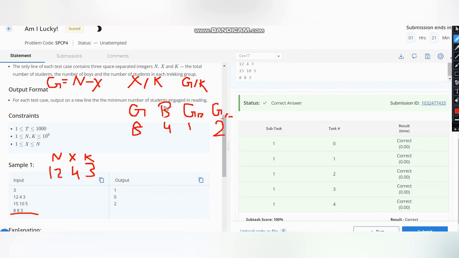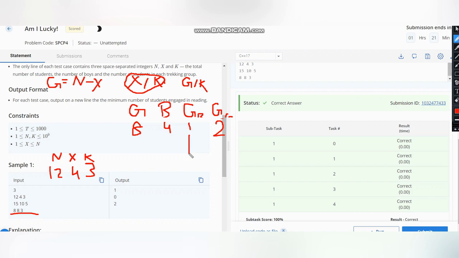Now to calculate how many boys and girls went into groups, you can simply multiply this by K. Why are we doing this? Because this would give us the float division, which we are converting into integer. Suppose I divide 4 by 3, it will give me 1, and if I multiply 1 by K, it would give me 3, which means 3 boys are involved in one group.